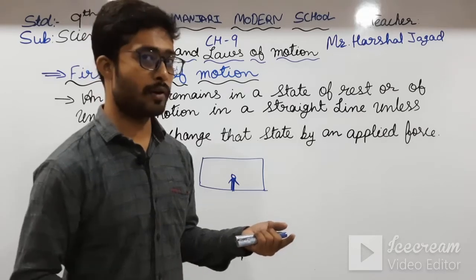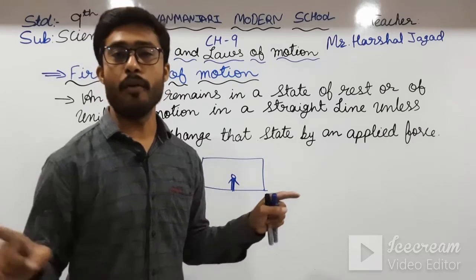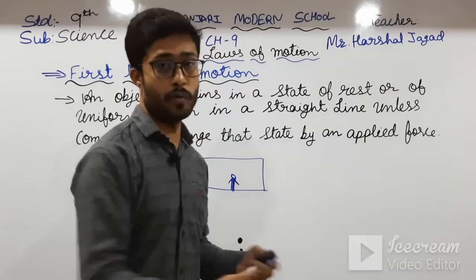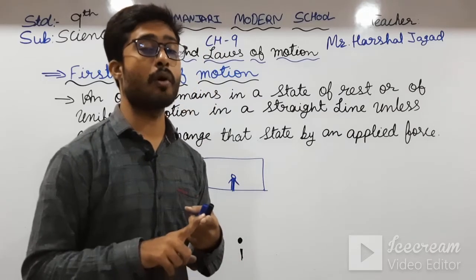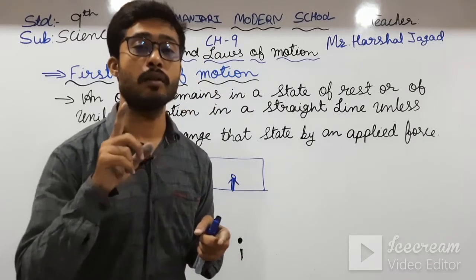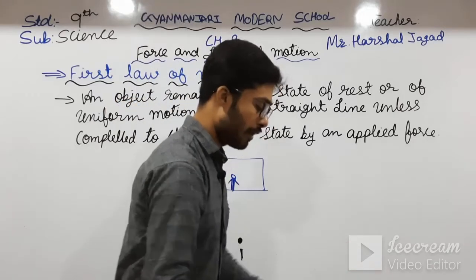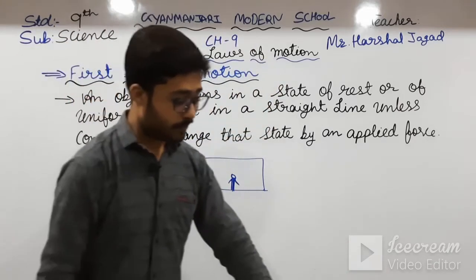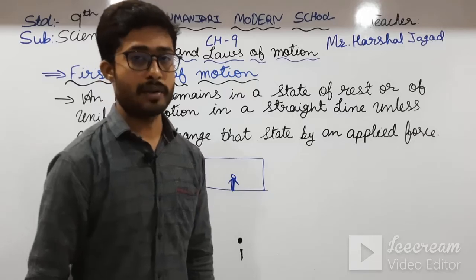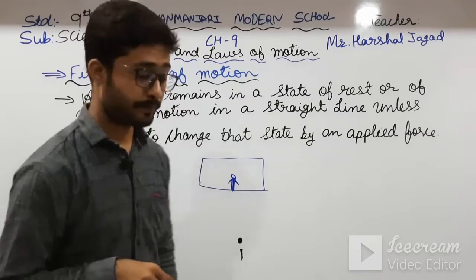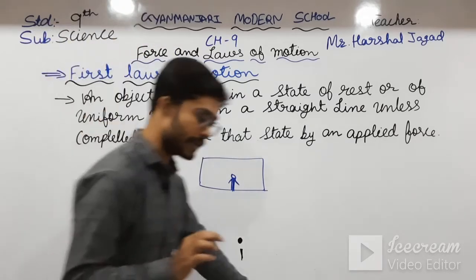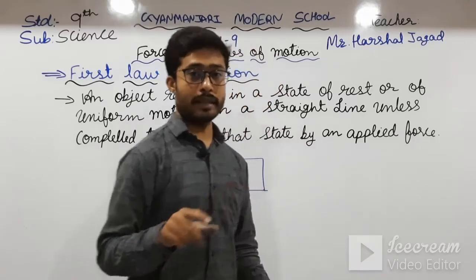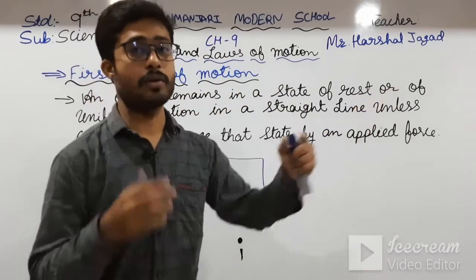Will it go or not go? It will not move until we apply an external force. I will put the ball here and tell it to go inside the goal post. It will not go. What do I have to do? I have to kick it so that it will go to the goal post.